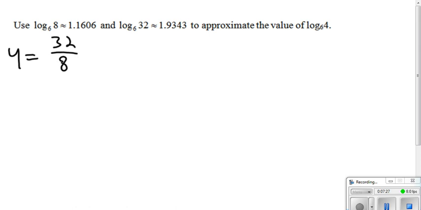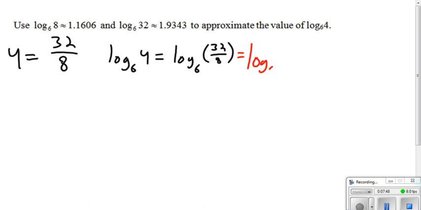So naturally, log base 6 of 4 would be the same as saying log base 6 of 32 divided by 8. And we know that log base 6 of 32 over 8 is the same as saying log base 6 of 32 minus log base 6 of 8. So we've broken it down even further.